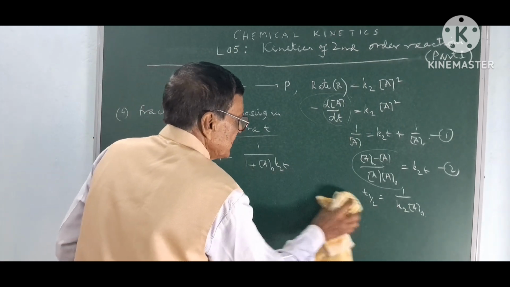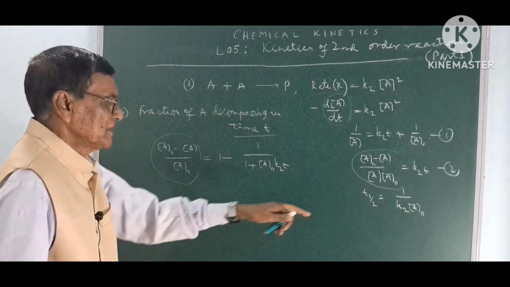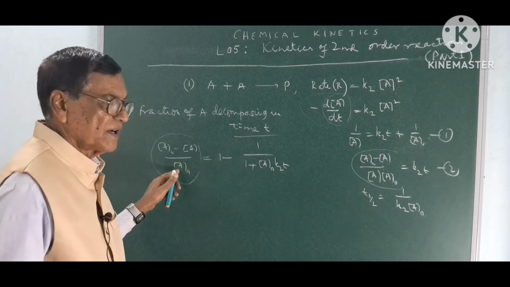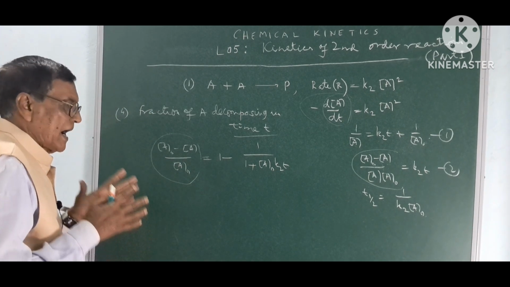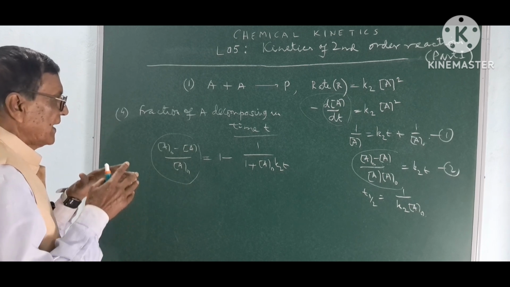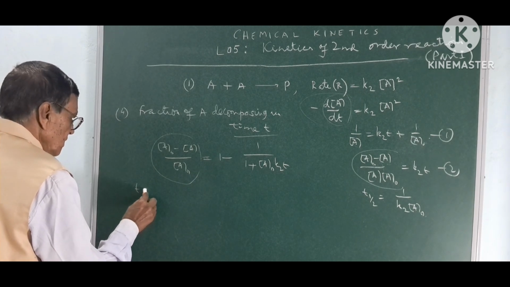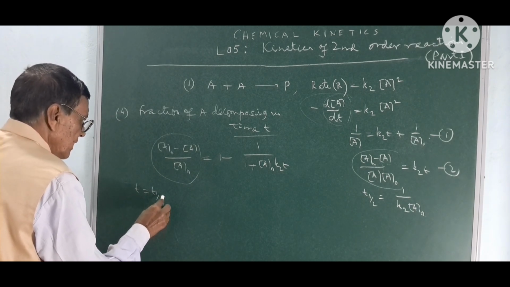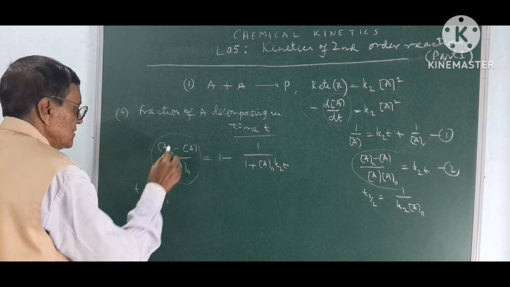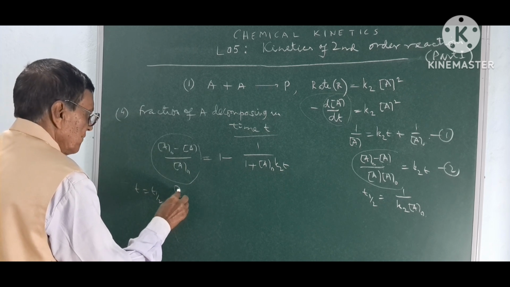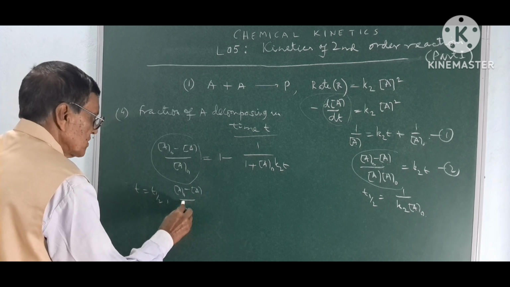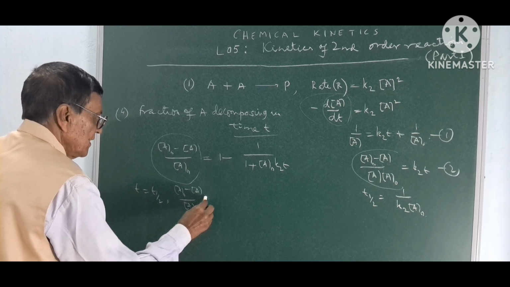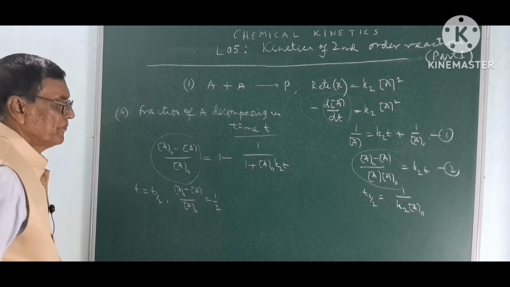From this you can easily get the half-life period. This value automatically comes from this. When the reaction is at half-life, T equal to T half, then the fraction concentration of A naught minus concentration of A divided by concentration of A naught is equal to half.